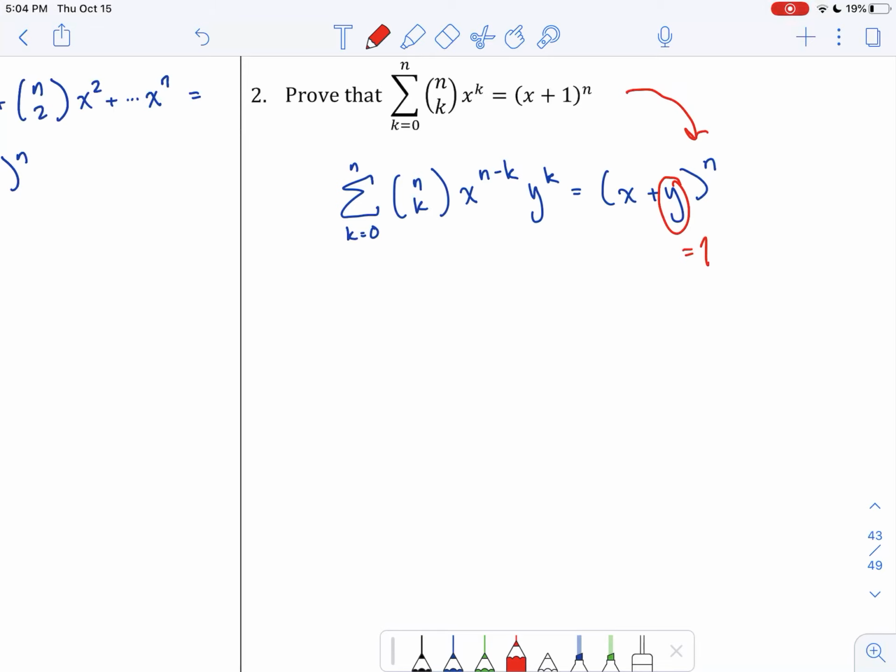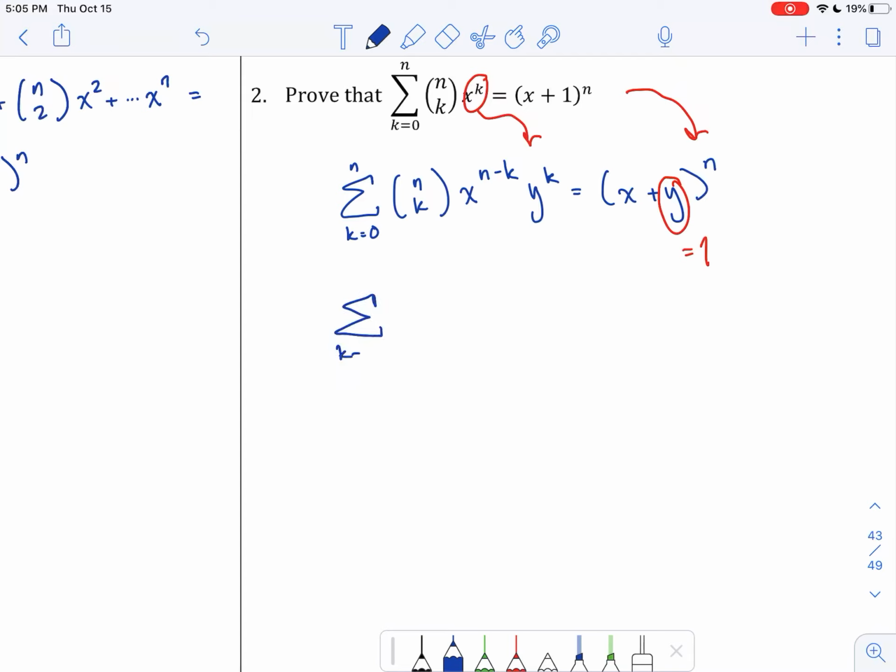It's not going to quite get us where we want, but that's a good place to start. So, because the other thing you'll notice here is that x has the k, but then y has the k. So we're going to use the commutative property to say, well, this here, I can change my x and y within this parentheses, and I will change them also outside of the parentheses.